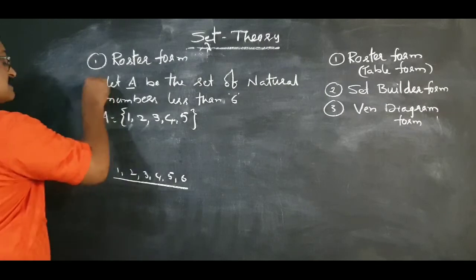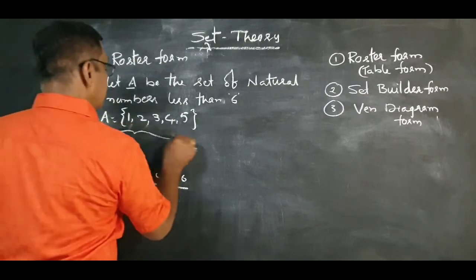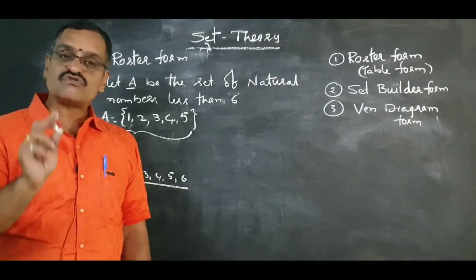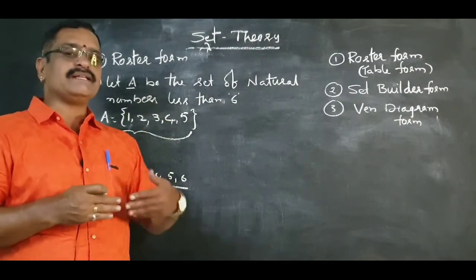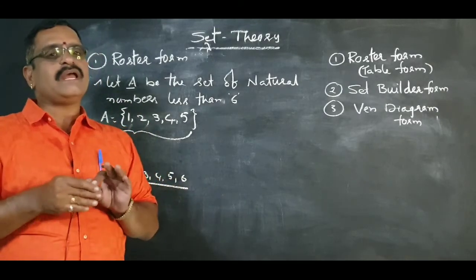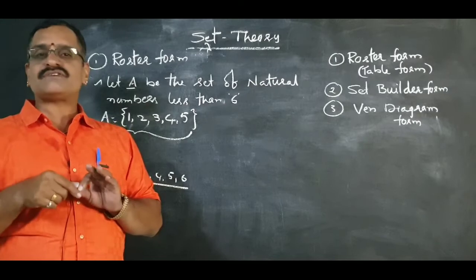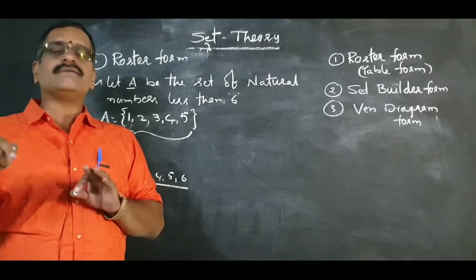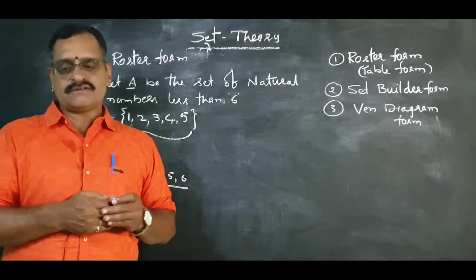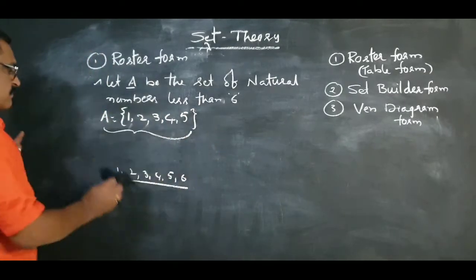Writing this set in this form is called a roster form. Again, in this method we make a list of all the elements, we separate them with the commas, we close them with the curly brackets, and we give any name for that. So this is the roster form.